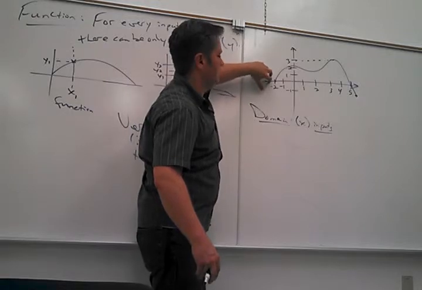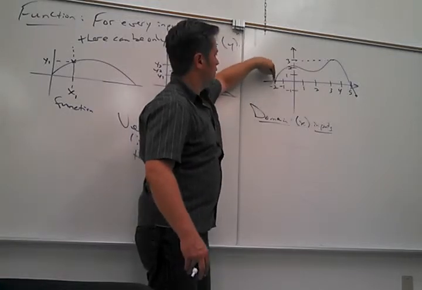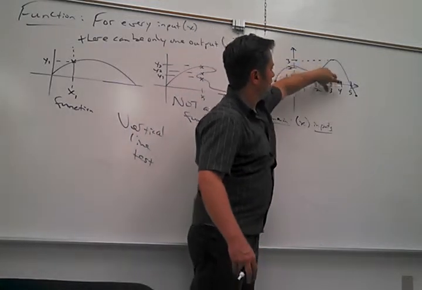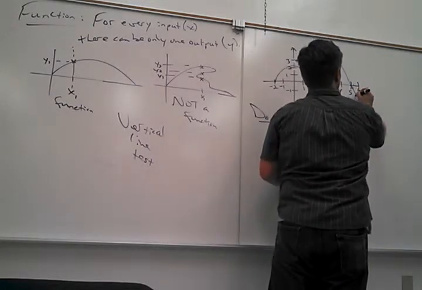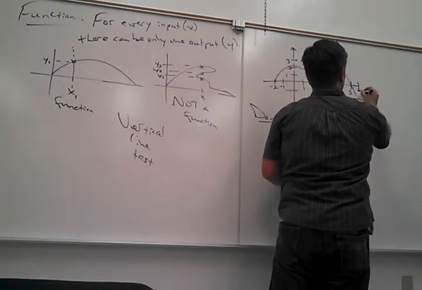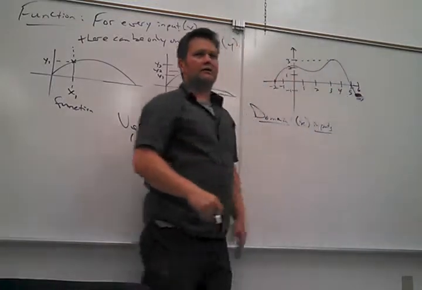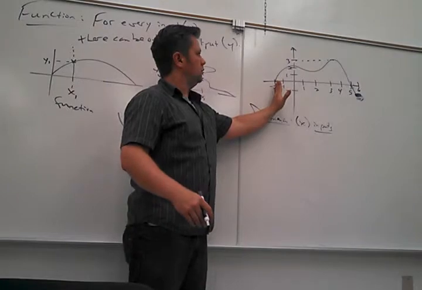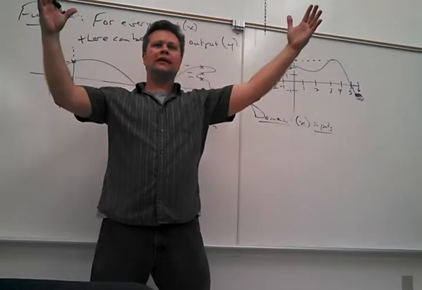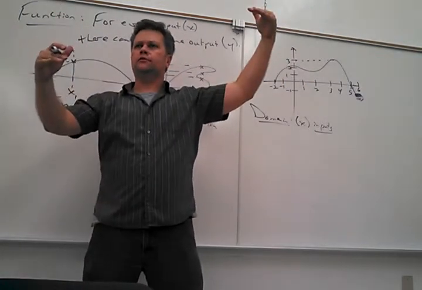What's the first place he sees the function? -2. Yeah, -2. And he sees it, and he sees it, and he sees it, and then he loses sight of it about there, 6. Let's make it 6. So the domain would be -2 up to 6. Those are all the x values that actually have outputs.